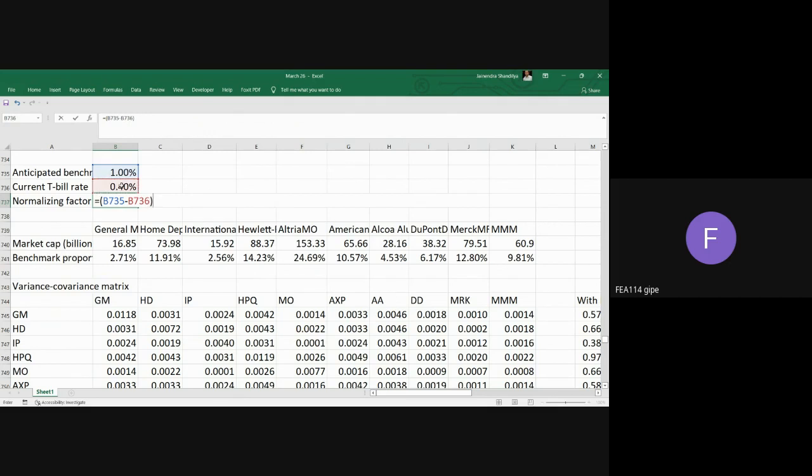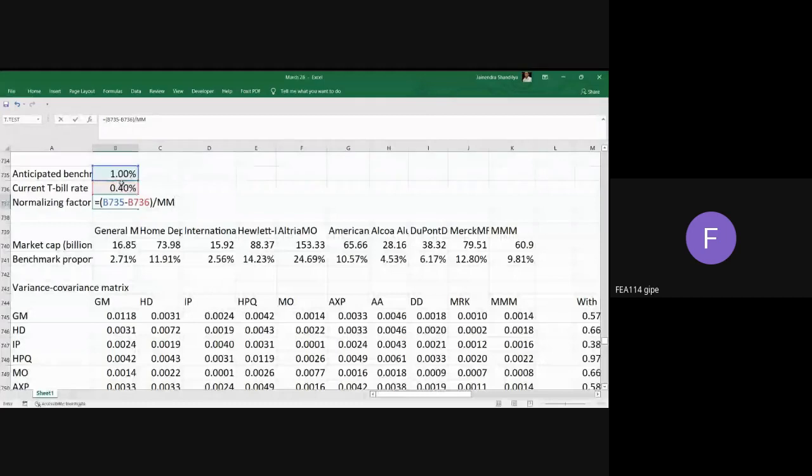Then I divide this by the variance covariance and the benchmark proportion. Because I will be dividing by three matrices, I will take two matrix multiplications, and then what is the benchmark proportion?